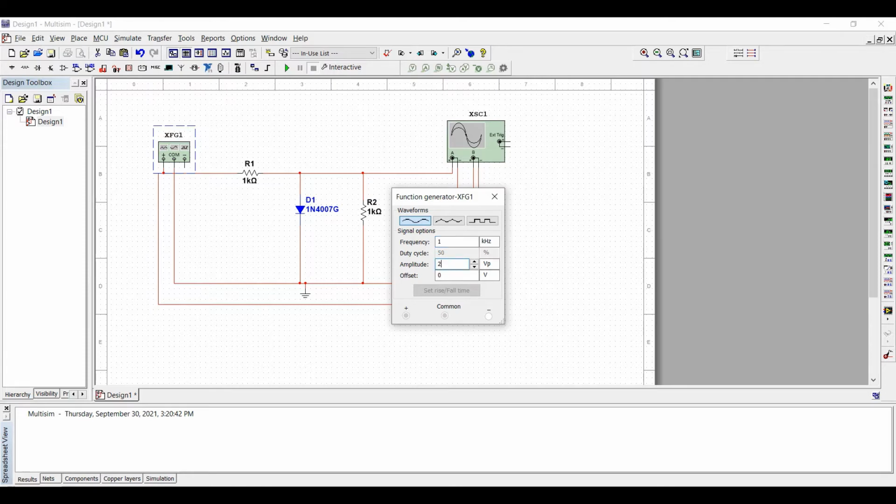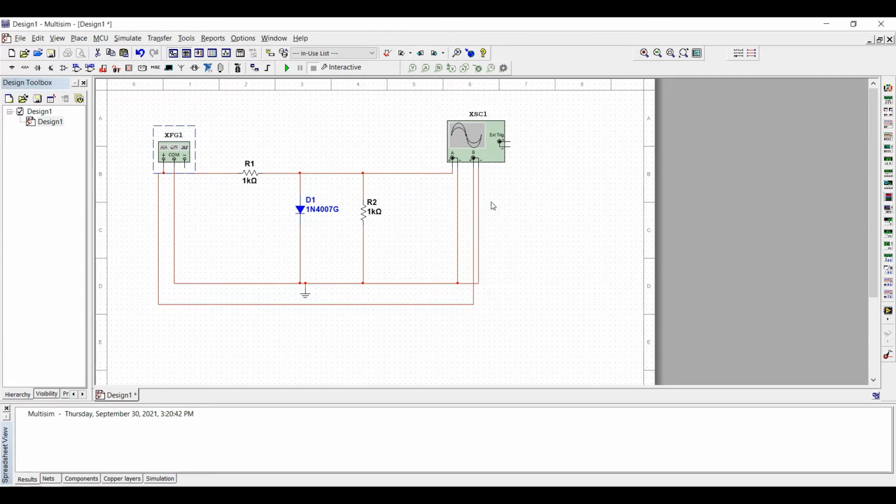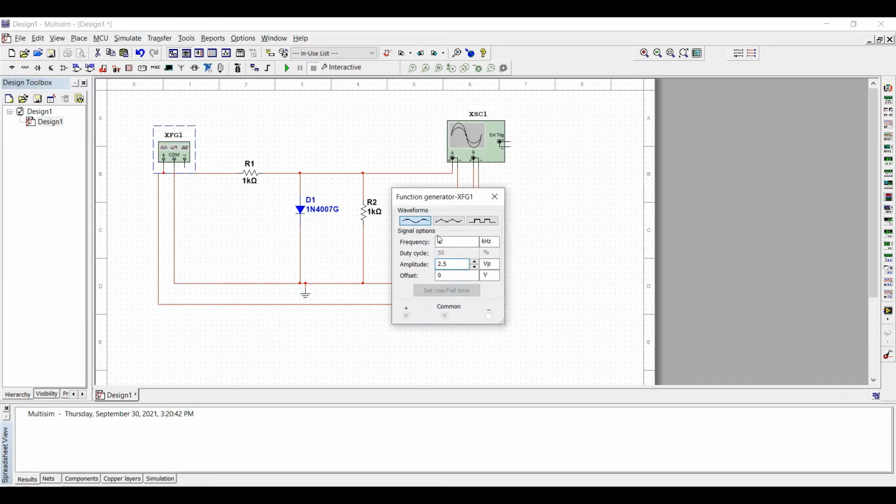And remember, for the Multisim function generator, the amplitude is always in terms of peak value. So we have to put the amplitude in peak value. We are not giving any offset, so no offset. Now you have adjusted the input. Click it again. Just see your frequency is at 1 kilohertz. Amplitude is at 2.5 volts peak. That means 5 volts peak to peak.